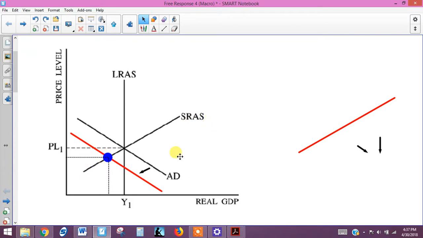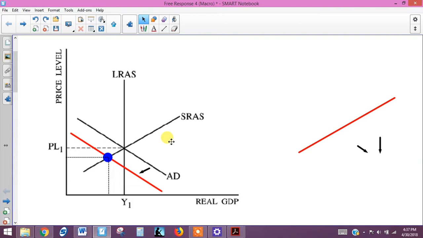Now, at this point, what they're really getting at in the question is, how do we get back to the long run? How are we going to get back to the long run aggregate supply? How are we going to get back here? Well, what typically happens here is that wages end up going down because of an oversupply of labor, or unemployment, that in the recession in general drives wages down, and it also drives down other factor input costs.